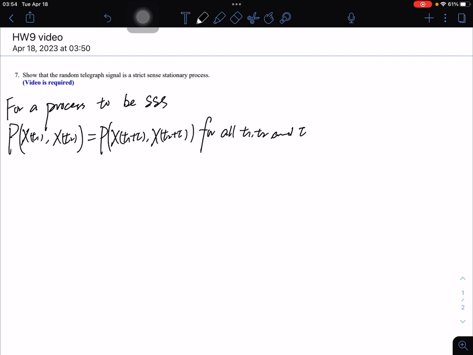Now let's derive the joint probability distribution of the RTS at two different time instances t1 and t2.